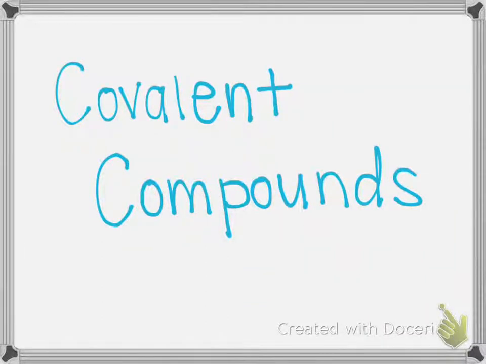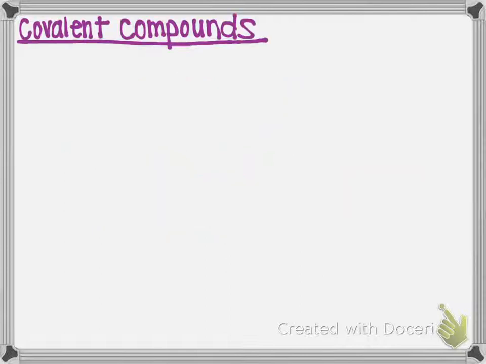Alright, so this last unit was on ionic compounds, and now we're going to get into covalent compounds. Covalent compounds are between two nonmetals, so it's a nonmetal plus a nonmetal. And remember, your nonmetals are the elements that are to the right of the staircase.